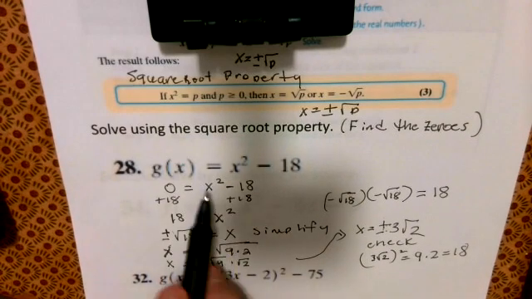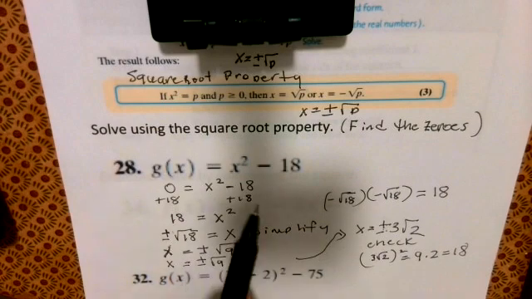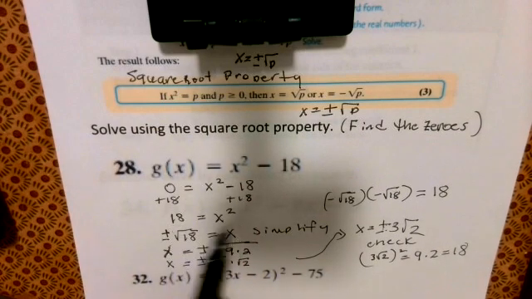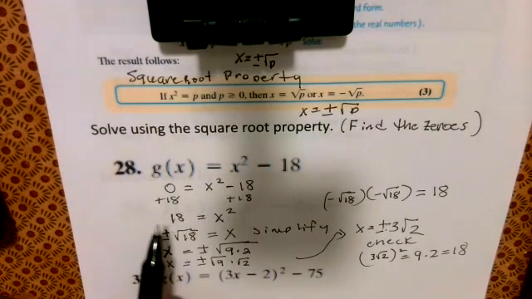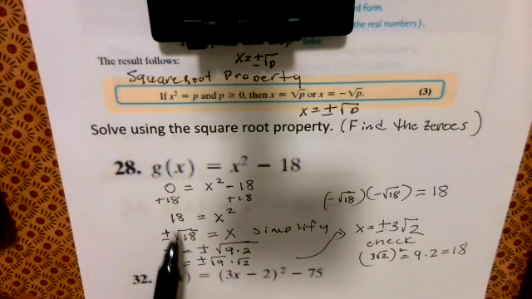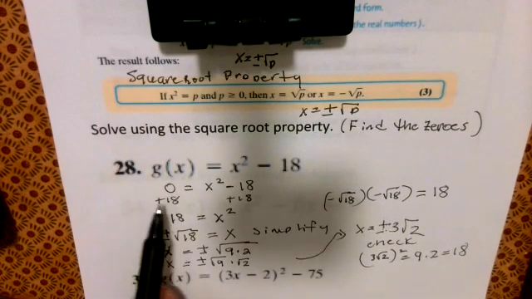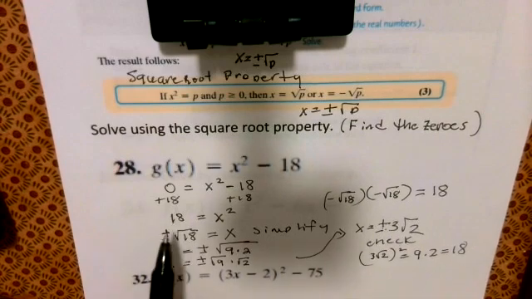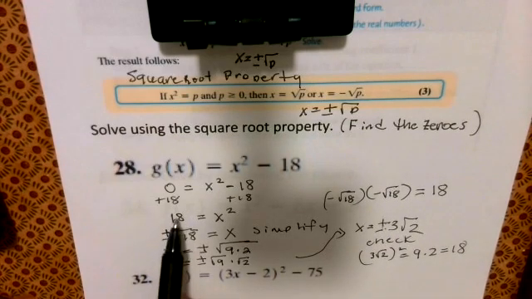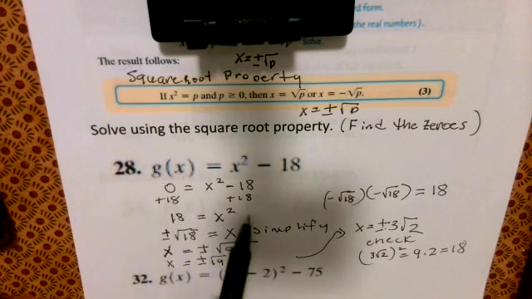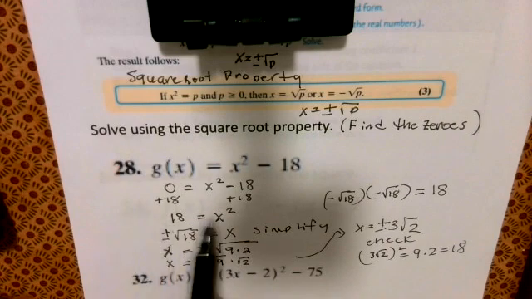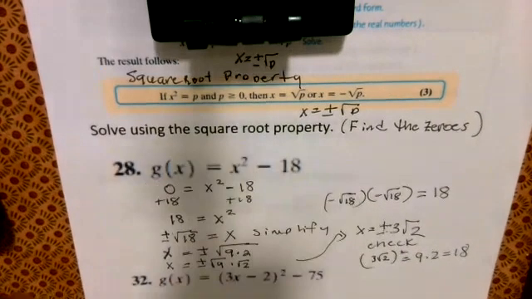Okay, so square root property: you isolate the x squared, get the number on the other side. If the number is positive, then we'll use the square root property. Honestly, you may at some point deal with non-real numbers if you're going on in math, for sure you will. You actually can use the square root property even if this is a negative number, but it becomes an imaginary number. And we don't teach that for some reason in this class anymore.